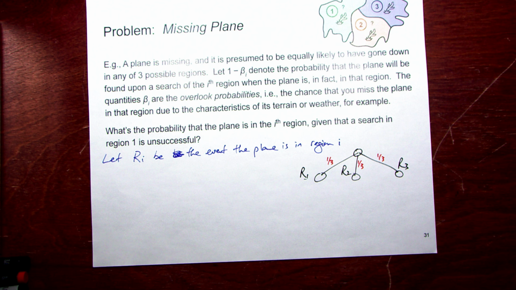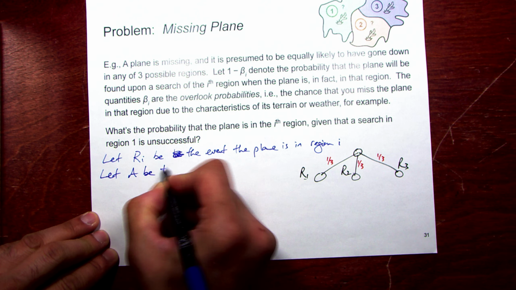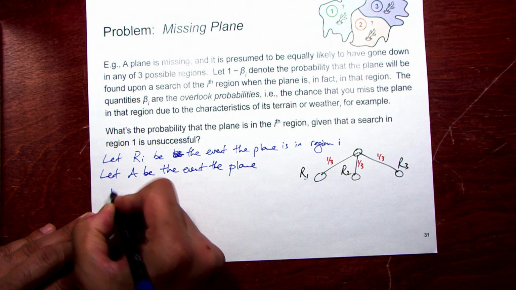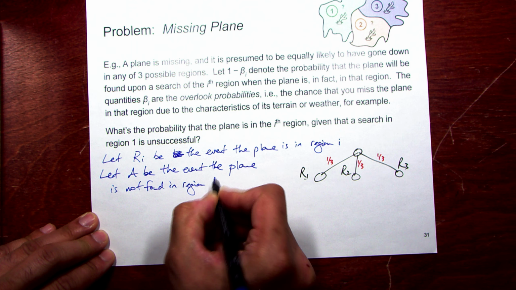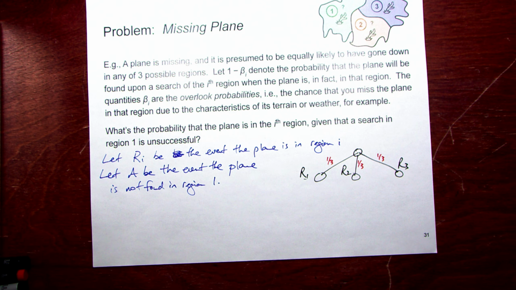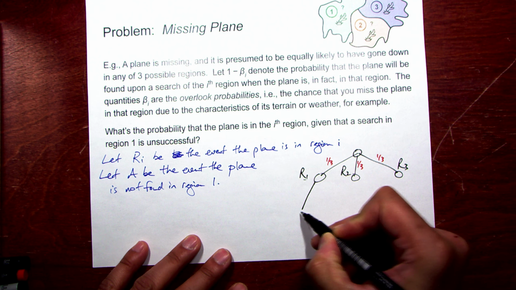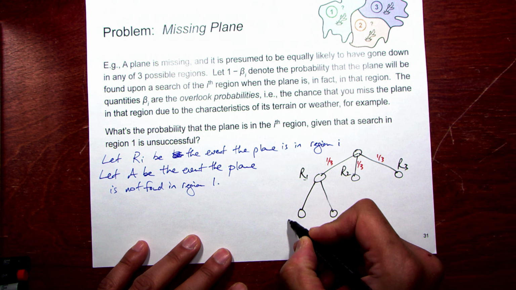The next thing that happens is that they search region 1, and it's not found. So to continue with this diagram, if the plane is actually in region 1, that's a shame that we missed it, but it could be that you found it or you didn't find it.